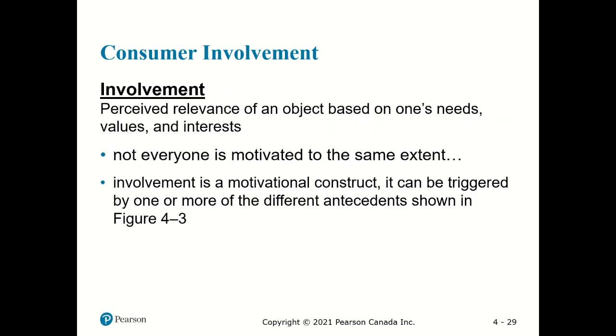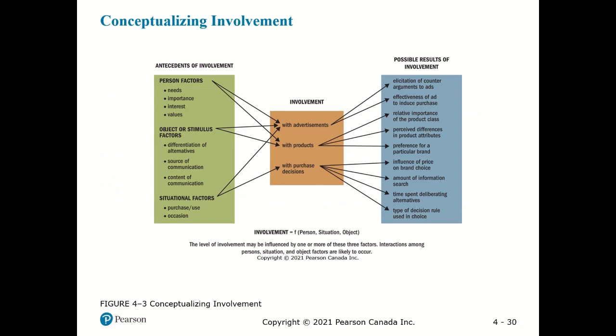Involvement is the perceived relevance of an object based on one's need, value, and interest. Not everyone is motivated to the same extent, right? So involvement is a motivational construct. It can be triggered by one or more of the different antecedents shown here in this figure. So look at this.